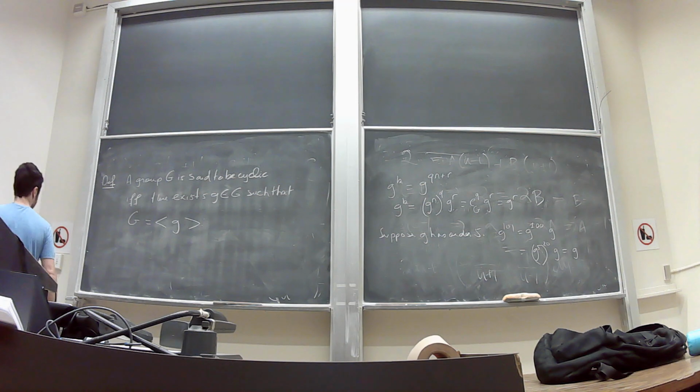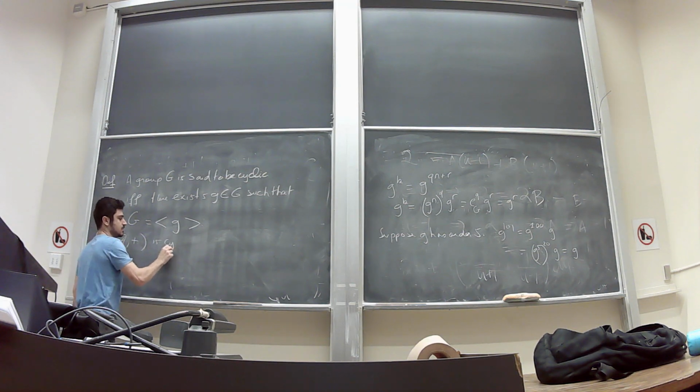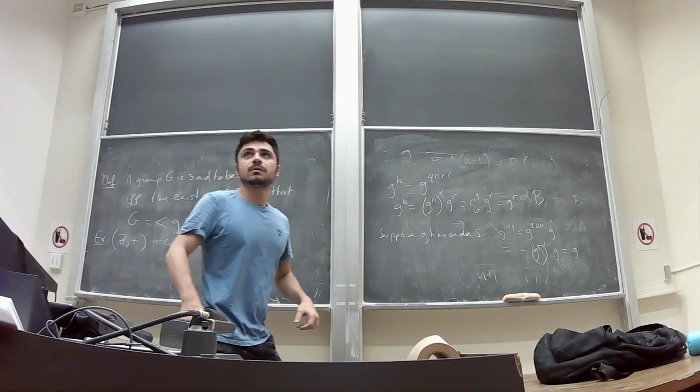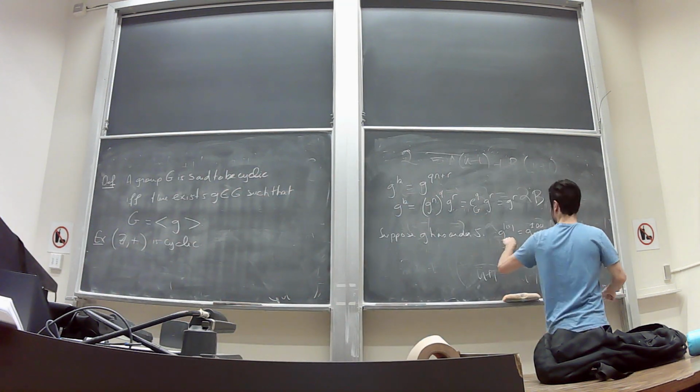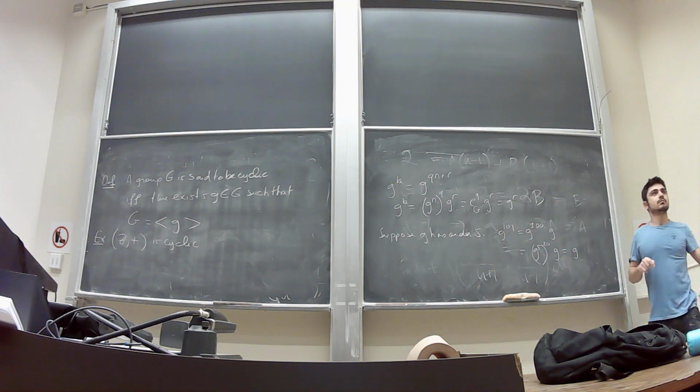Let's give an example. Z plus, of course, is cyclic, right? For the example, G has order 5, so n is equal to 5. You can raise to any power you want, but G to the 101 will be equal to G, right?